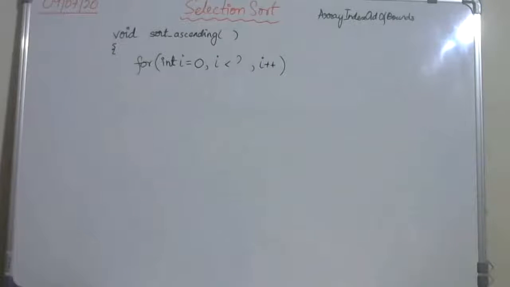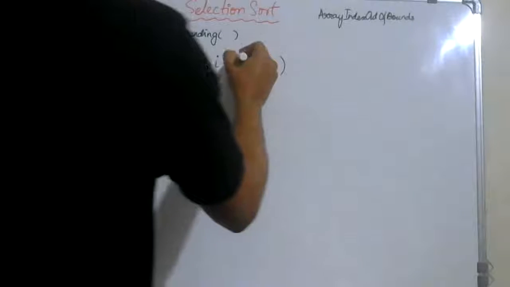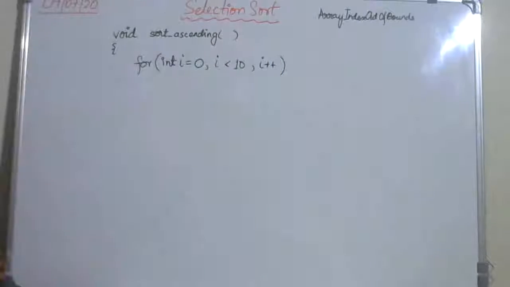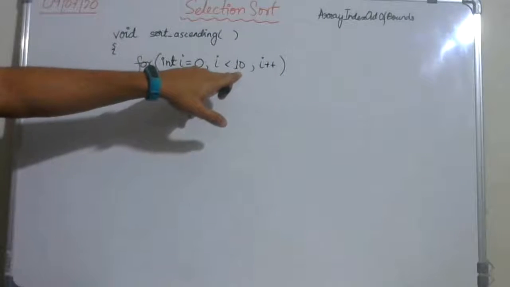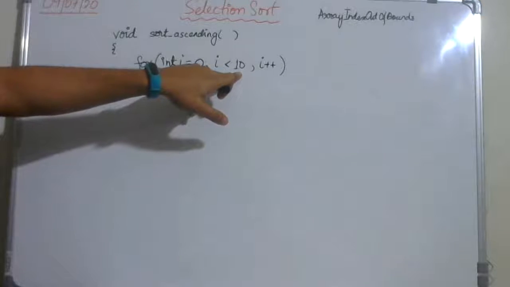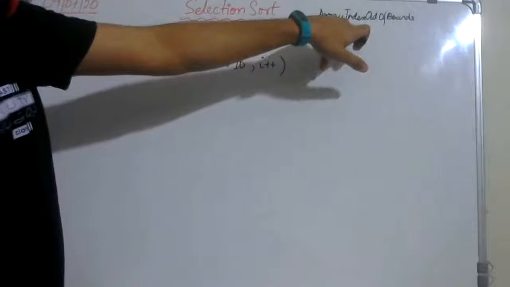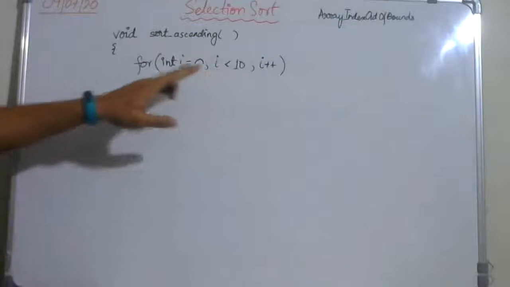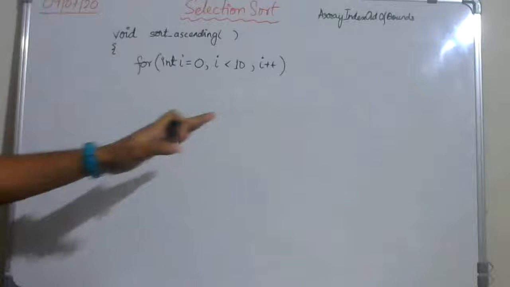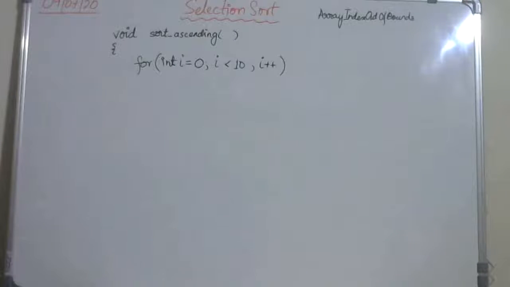So you're trying to access an index that is outside of your array. So if I write the value 10 here, I'll get this particular error, array index out of bounds, because I told you when the array is sorted up till the second last position, the whole array is sorted automatically.